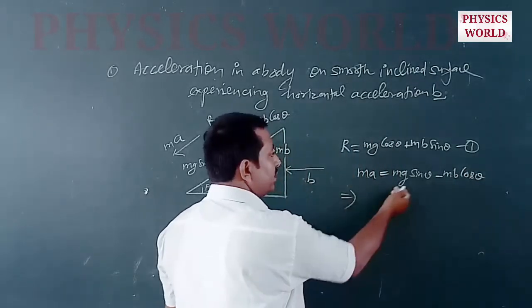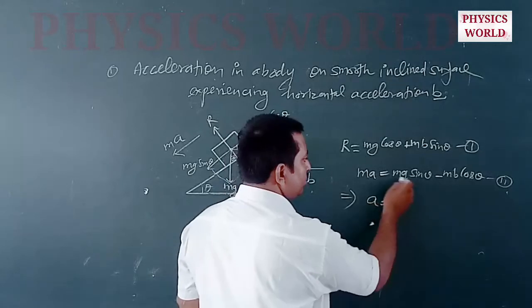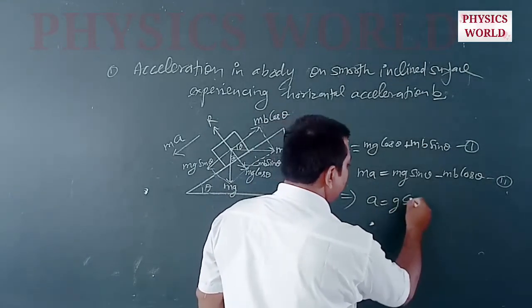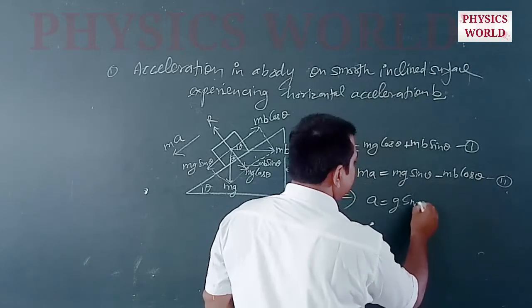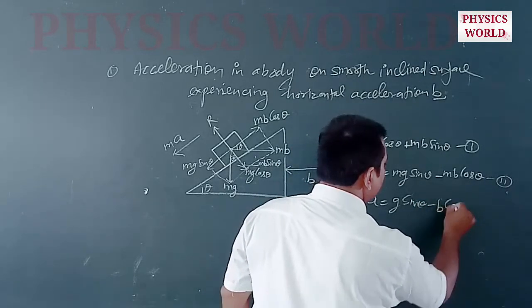So from here we can easily get the value of acceleration. This will be equal to, by cancelling m on both sides, g sin theta minus b cos theta.